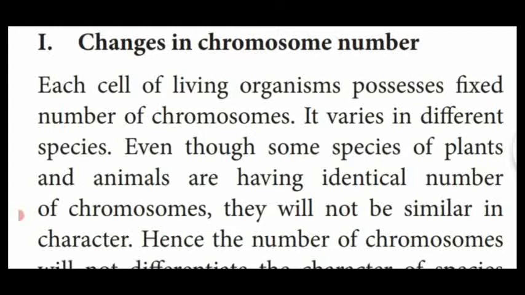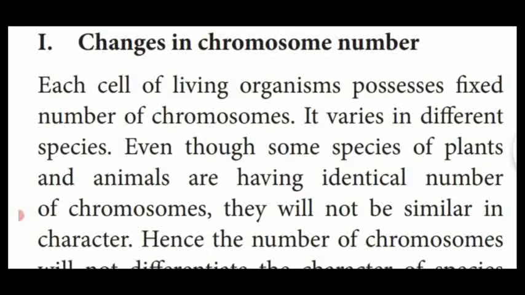Each and every living organism has a fixed chromosomal number. It is not common for all organisms. Each organism shows a variable chromosome number, and that is a fixed number of chromosomes.